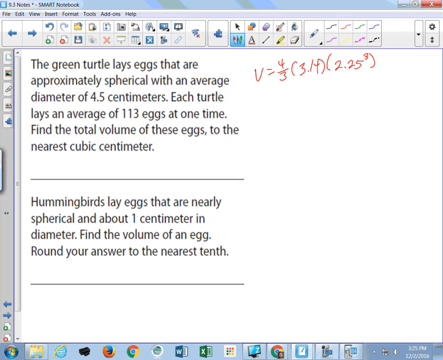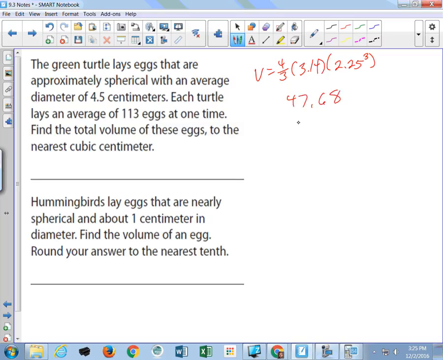I don't suggest multiplying it in a different order, because your numbers will end up in your cube or your exponent. 4 divided by 3 times 3.14 times 2.25 cubed is 47.68. We won't round yet.